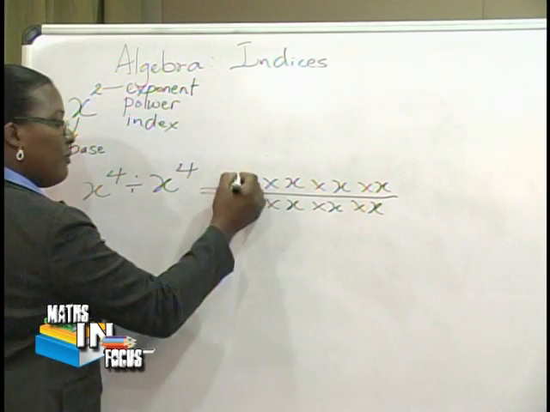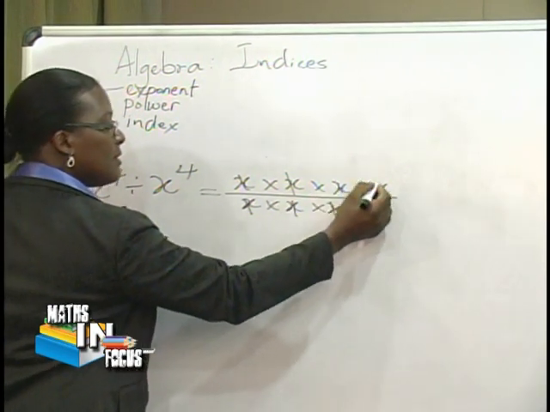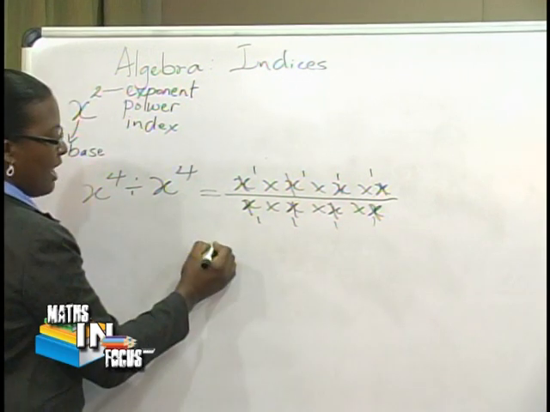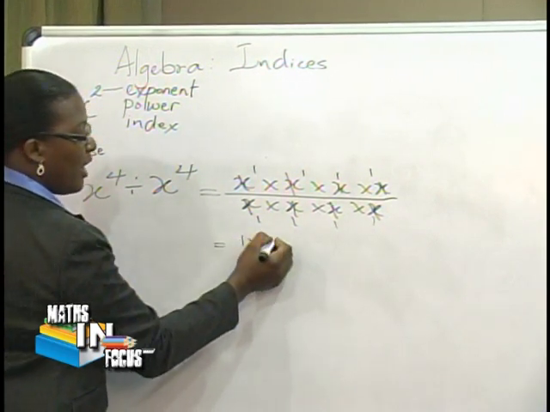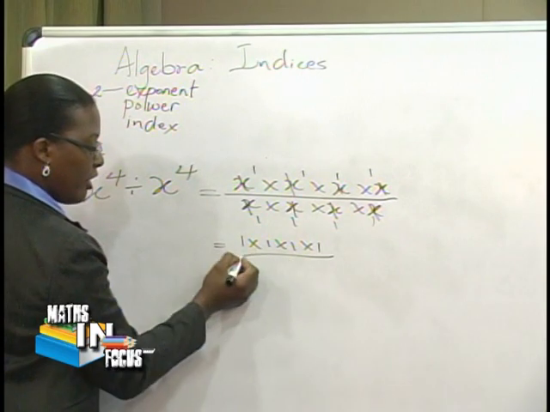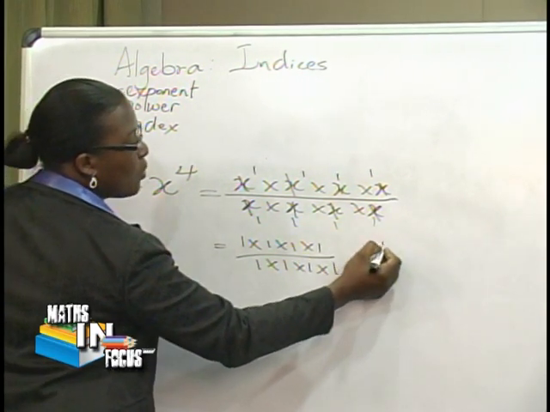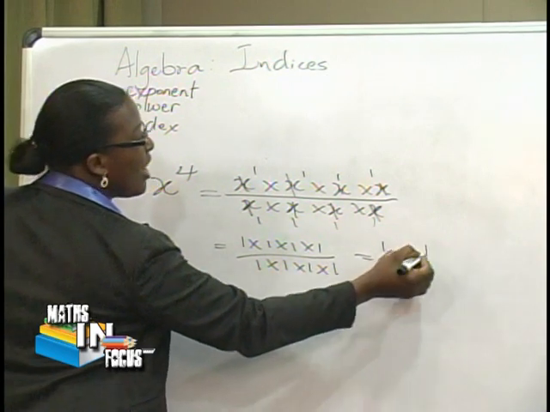And we know that if we do this, we would have 1 by 1 by 1 by 1 over 1 by 1 by 1 by 1. And that would give us 1 over 1, which is the same as 1.